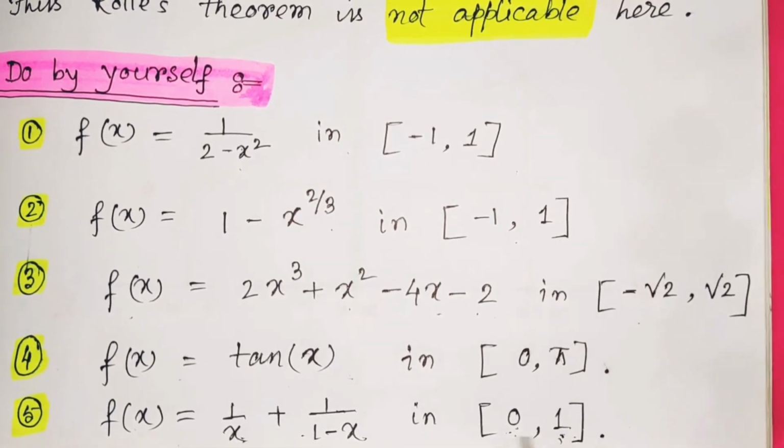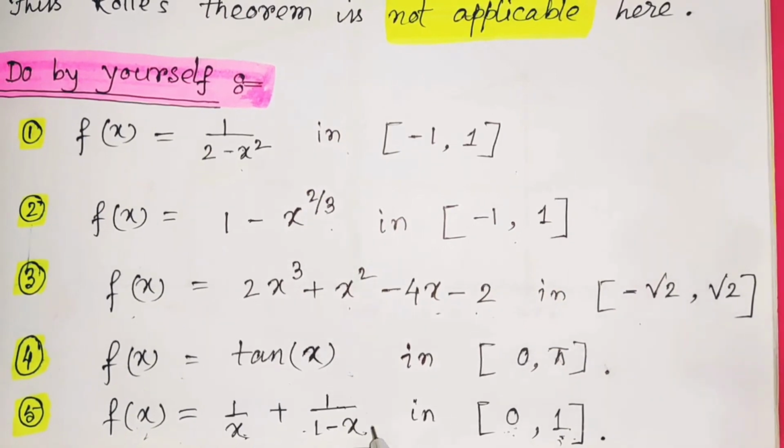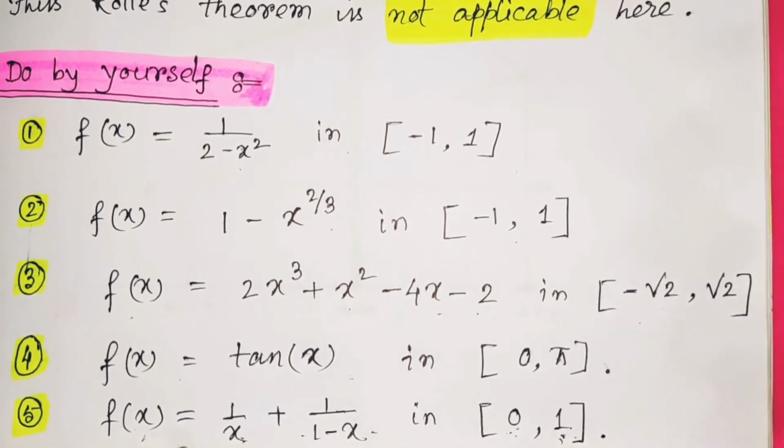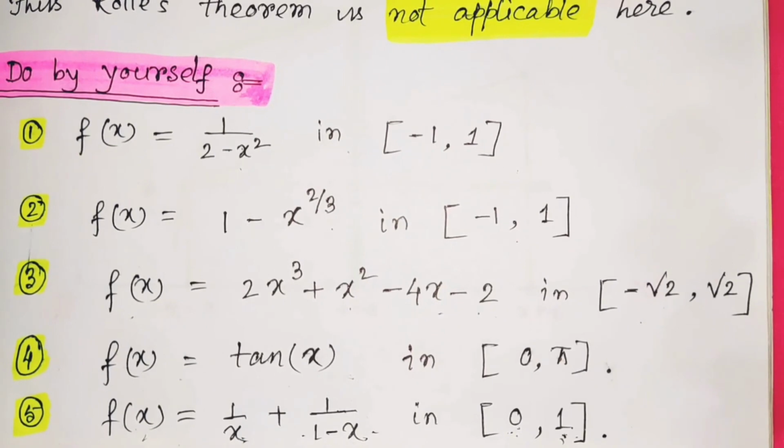When it is 1, f(1) doesn't exist because it is undefined. Still, if we go by Rolle's theorem, we will find there exists a C, and at that point, if we draw the tangent, it is parallel to the x-axis. So try to solve this one and prove that the conditions of Rolle's theorem are sufficient only, not necessary by any means.